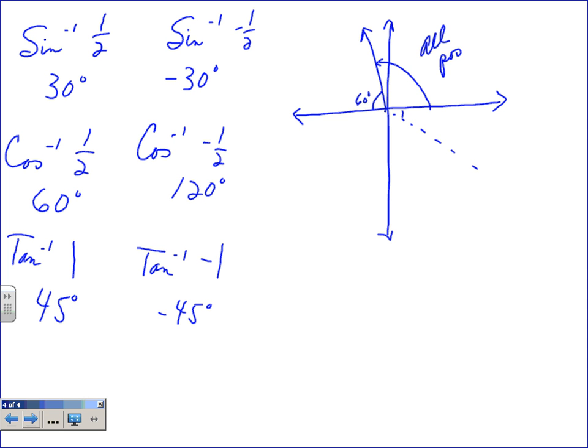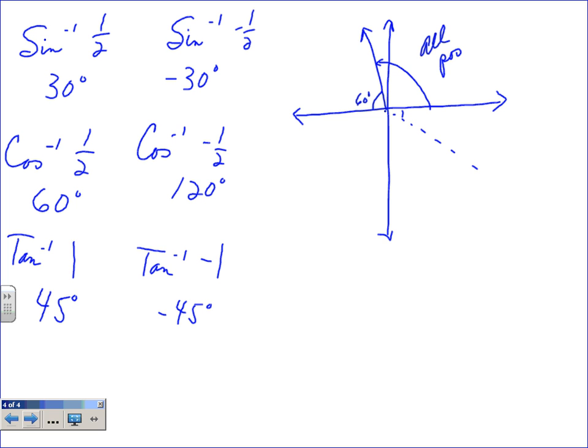And you know what's the nice thing about this? These are called principal values. I don't want any rotations. I'm only looking for one answer here if it's capitalized. All right. Now, what's nice about this is that your calculator will do it all.